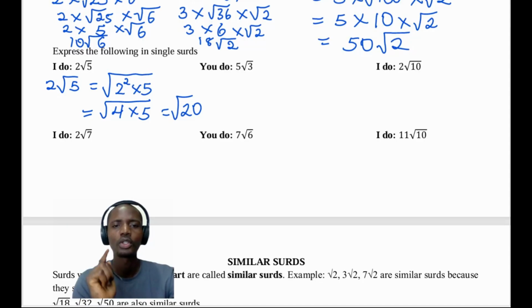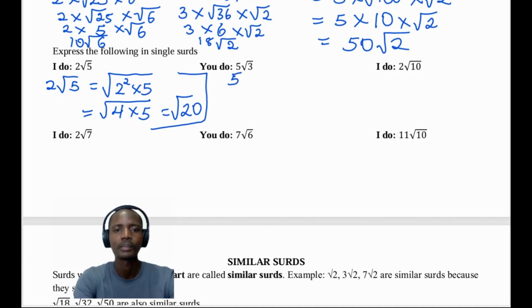So I need you to pause this video and attempt this. You have to do 5 root 3. Okay, what do you have? Let's see if you are correct. 5 root 3, what do you do? 5 root 3 is equal to, have your root sign, 5 to the second power times 3.